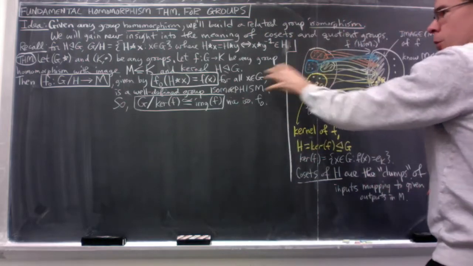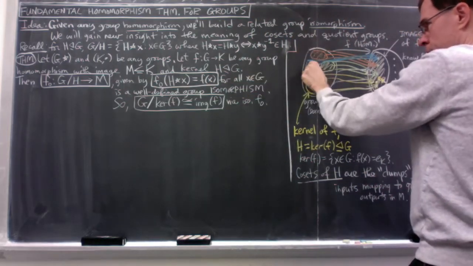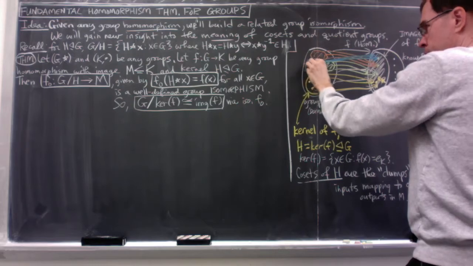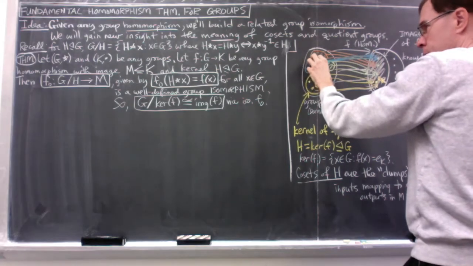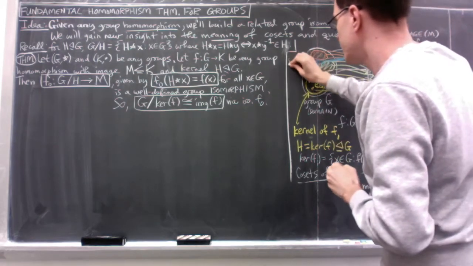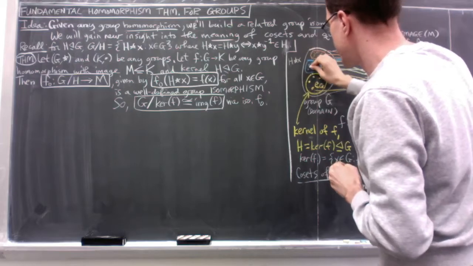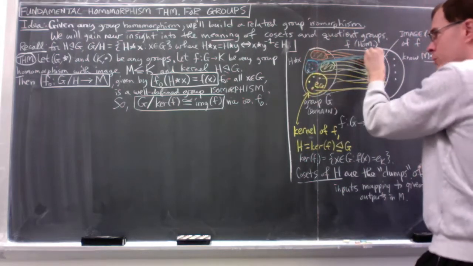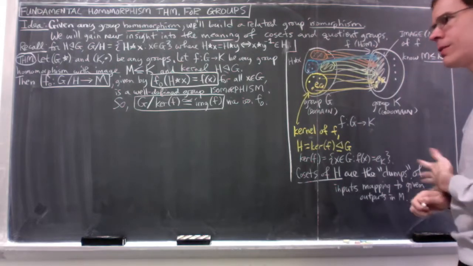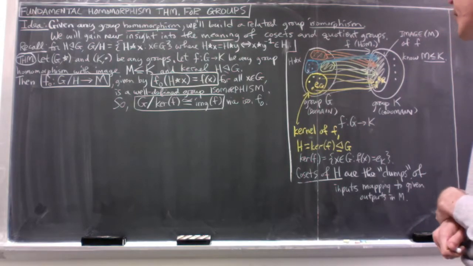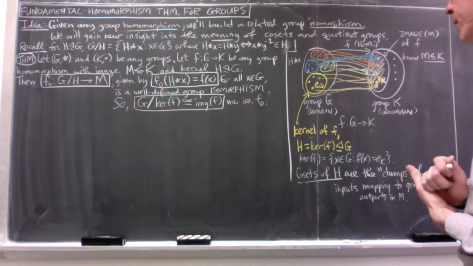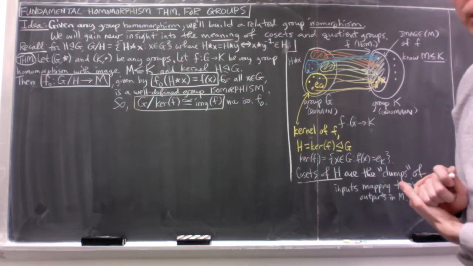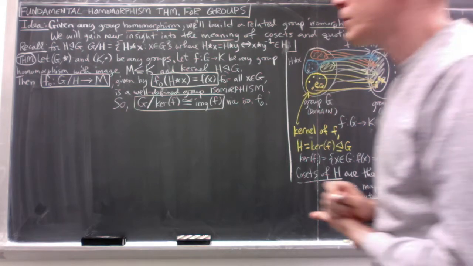And again, all that's really happening in the picture is that all these blue guys map to the same guy, in this coset H star X. If this is like X, just send the whole coset over to that same point F of X that X was mapped to. And there's all sorts of stuff that has to be checked, but that's the intuition for what's happening here.